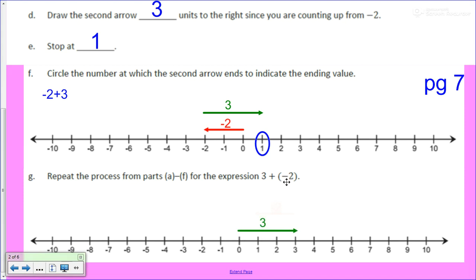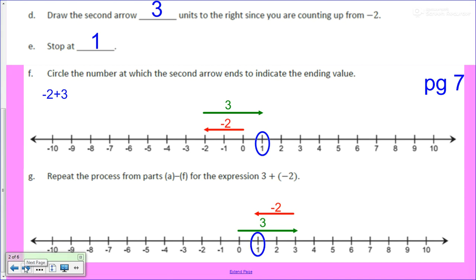And then I want to add -2 to it. So when I count on from positive 3, I start with the positive 3, draw 2 spaces back to the left to signify the -2. And it stops at the positive 1. So I'm going to circle the positive 1. Like I said, they look super similar.